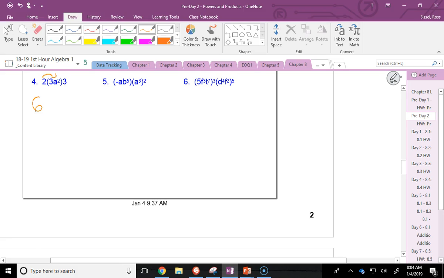I wonder if this was supposed to be an exponent in here. Because why would we not have it? Hold on to this one. I want to look and make sure. I don't know why we have that.